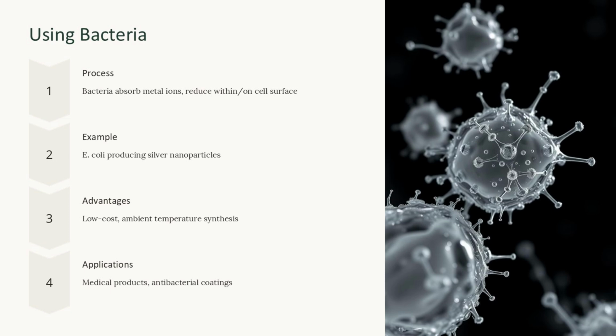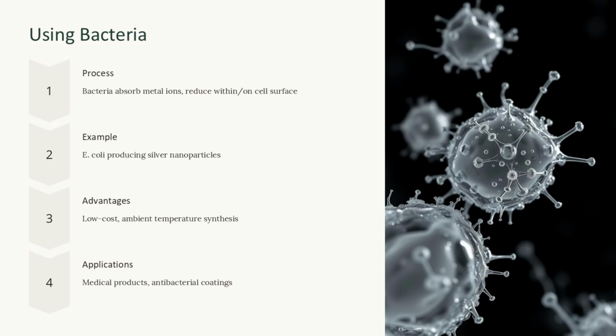Different types of bacteria, like E. coli and Bacillus subtilis, have been used in this process. For example, E. coli can be used to make silver or gold nanoparticles, which are valuable because they have antibacterial properties. This means they can be used in medical products, wound dressings, and other health-related applications.